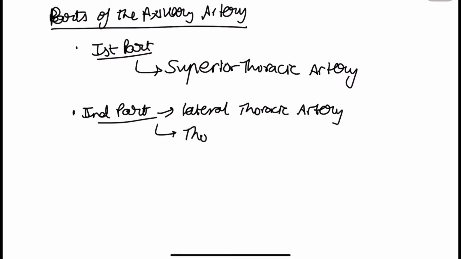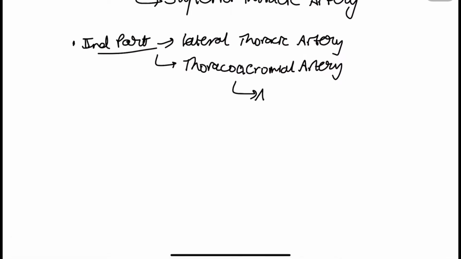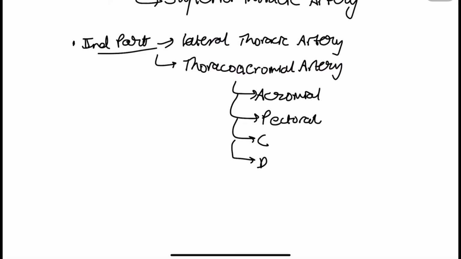And the thoracoacromial artery. Thoracoacromial artery further gives A, P, C, D branches. So A is for acromial, P is for pectoral, C is for clavicular, and D is for deltoid branch.